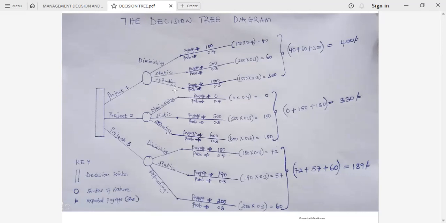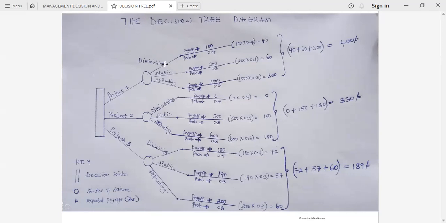So we are seeing that the circle we have for each project has extra 3 lines that are representing the states of nature that are going to affect the same project.